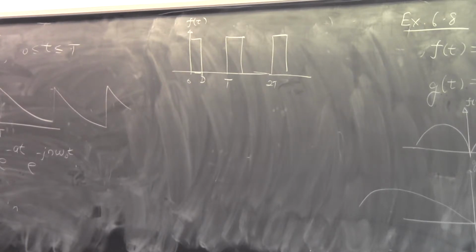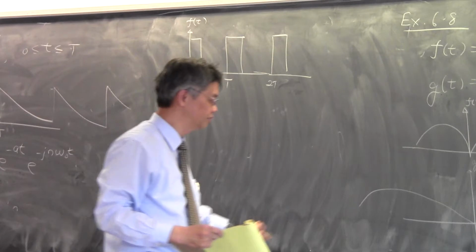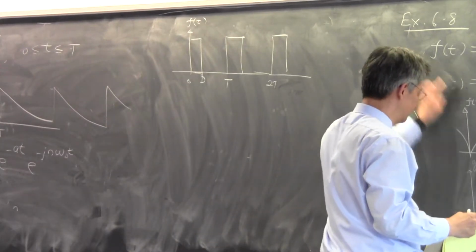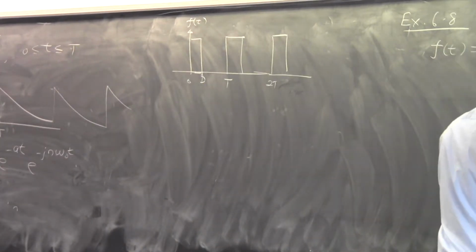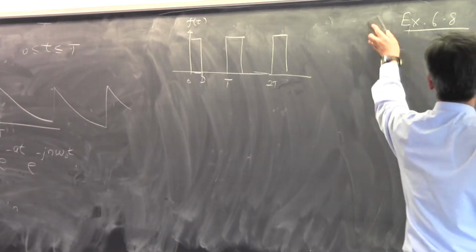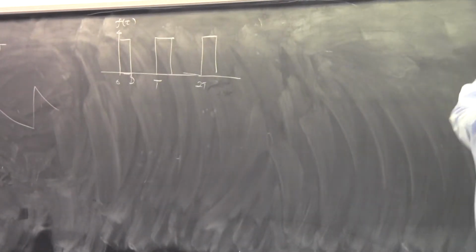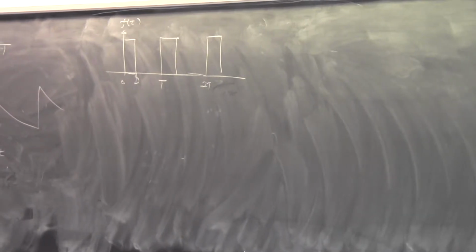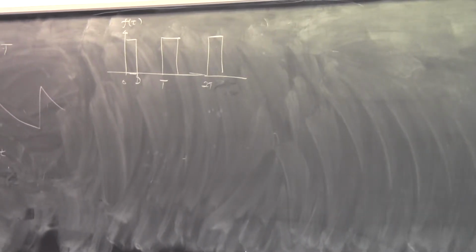But let me look at example 6.14. Example 6.14 is kind of different from the other examples. It's not rote integration, but something else. It is the Fourier series rule.